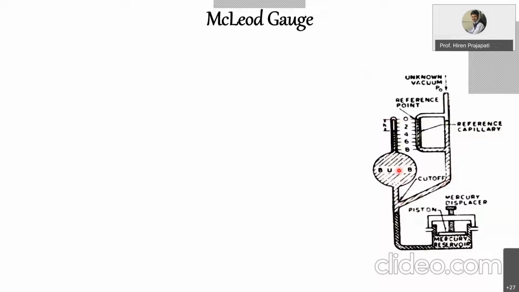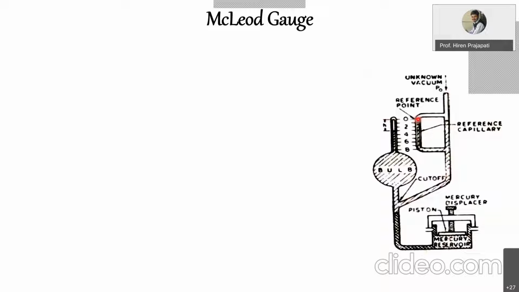Now we'll close this end, remove that source, and again push this piston down. As we push this piston down, mercury will again go above the cutoff point, and we need to push it down until we get mercury up to the 0 reference in the reference capillary, right?